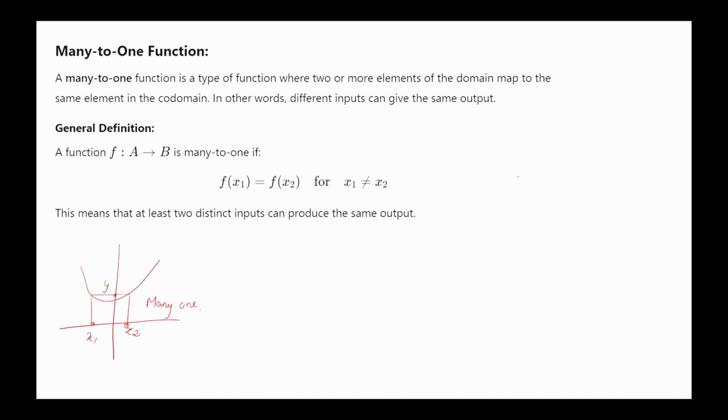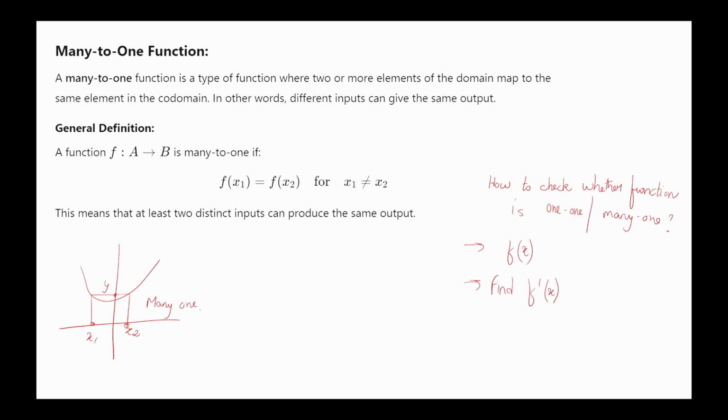How do I check whether my function is one one or many one? There is one way of finding this out. What we simply do is, let's say we have our function f of x, the first step is to find f dash x.